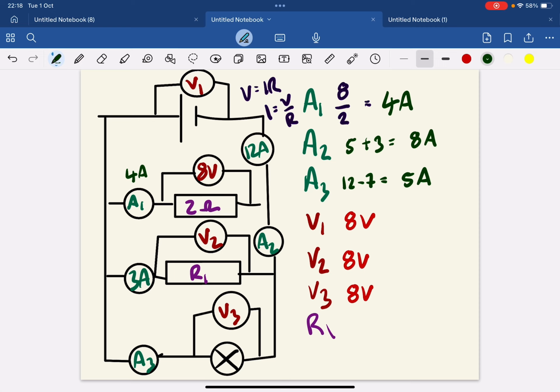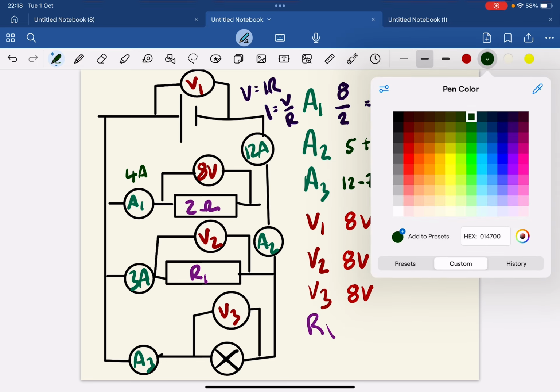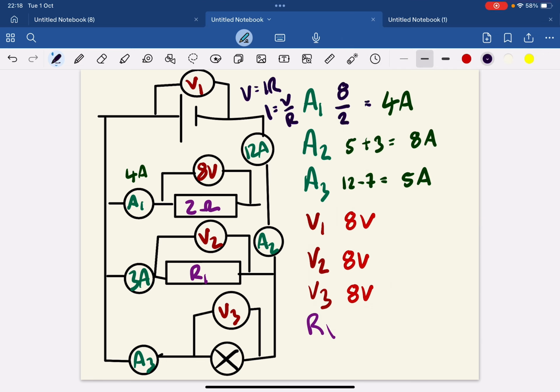And again, we use the calculation. Let's try and do it all the same colour. The voltage is equal to current times resistance. Now we want to work out resistance. It's R1, so resistance is equal to potential difference divided by current. Our potential difference is V2, which is going to be 8 volts.